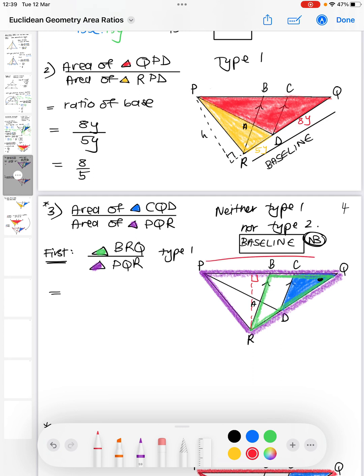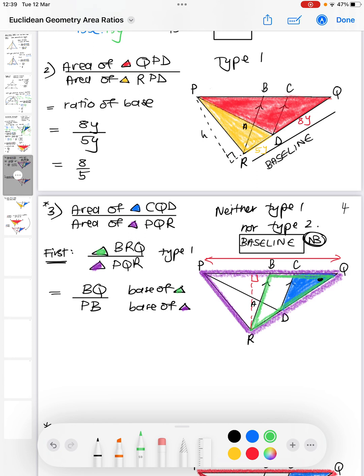They share a common baseline, as I said. So then it reduces to the ratio of their bases, and that would be BQ over PQ, the base of the green triangle over the base of the purple triangle.